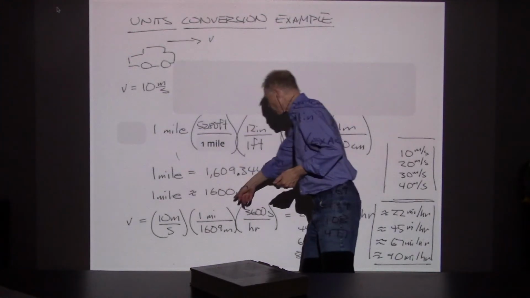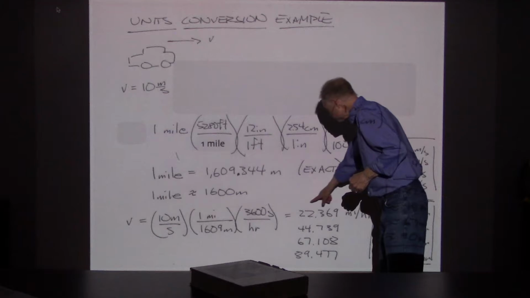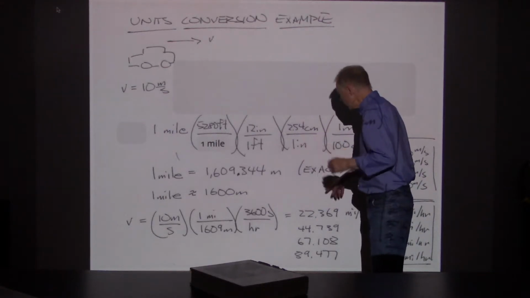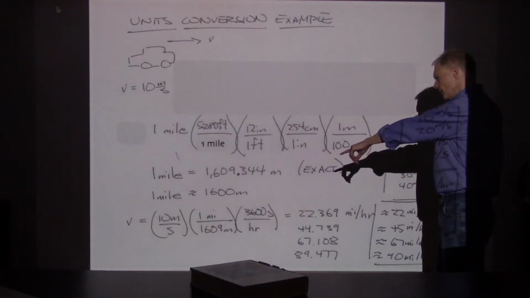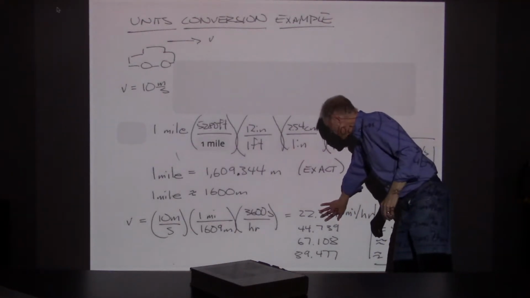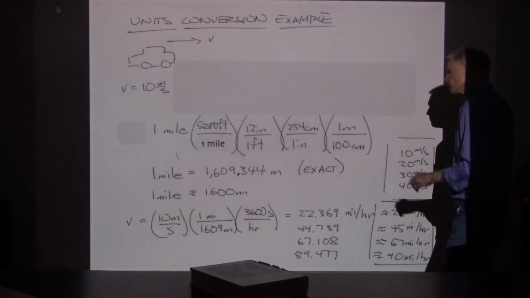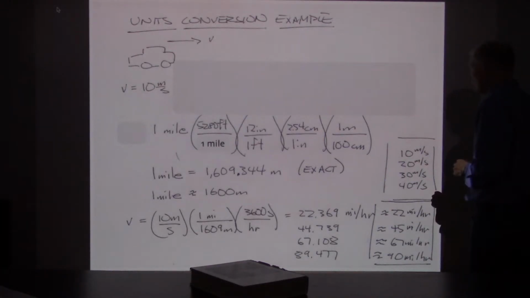So that conversion says that 10 meters per second is 22.369, like 22. I should have put 16.09344. Anyway, I'm just going to round these. I'm going to say that 10 meters per second is about 22 miles per hour.